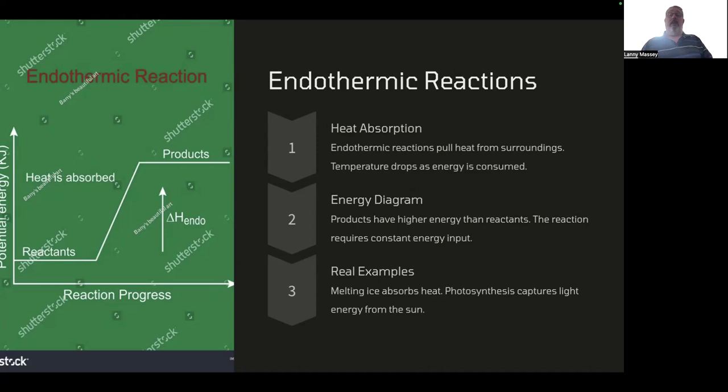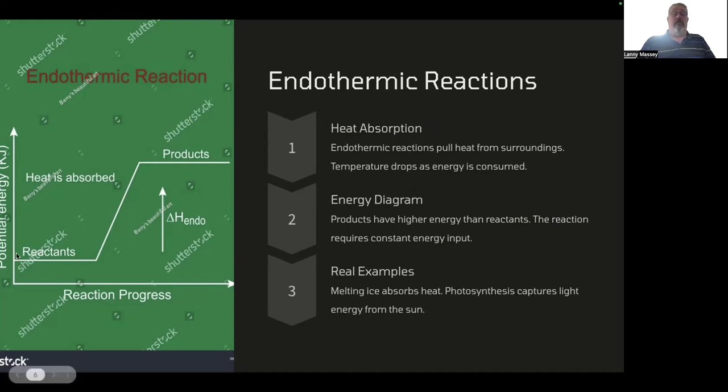So in the case of an endothermic reaction, heat is absorbed, or energy is absorbed. Endothermic reactions pull heat from the surroundings and the temperature drops as energy is consumed. Now, with that said, that doesn't necessarily have to be heat. It just has to be energy in general.